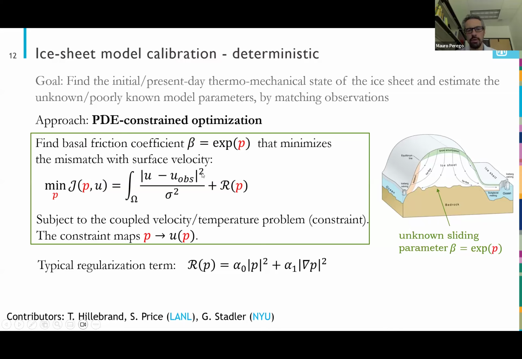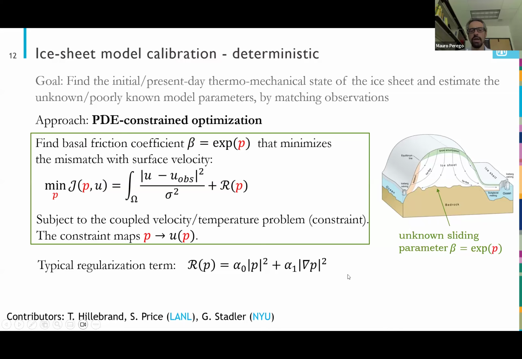So that's why it's called constrained optimization, because it is constrained by this partial differential equation. The last thing I want to note is the regularization term we are using. Regularization is, as I said, used to have a well-posed problem, but it's where you say what your prior knowledge is.